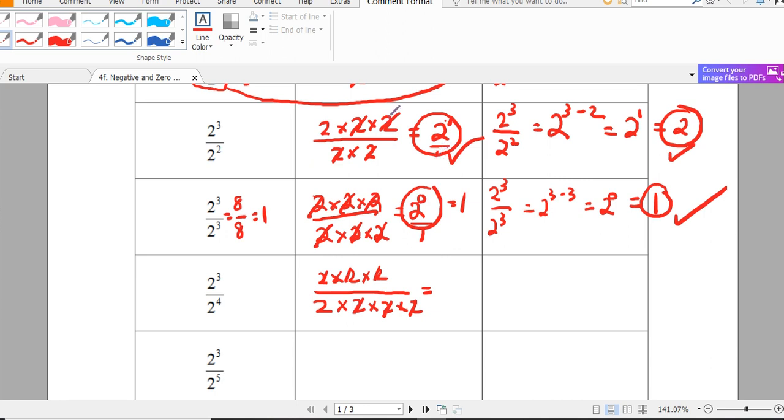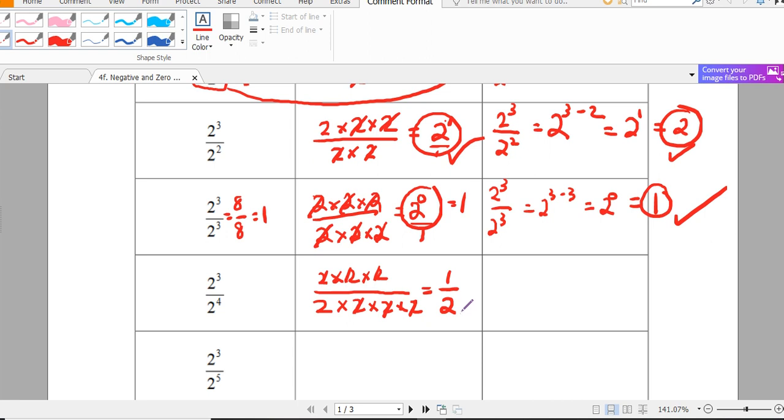Now it's a 1 because the 2's canceled out, which means it's just a 1 underneath, right? Now if I look over here, the 2's cancel out. So if that's the case, then I only have a 1 on top and a single 2 at the bottom. So I end up with 1/2.